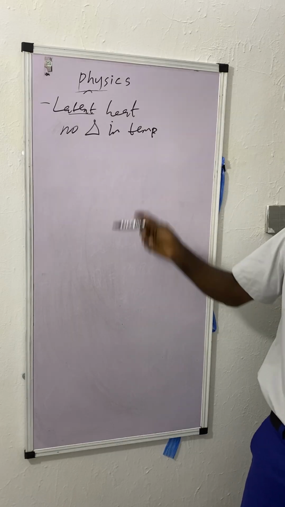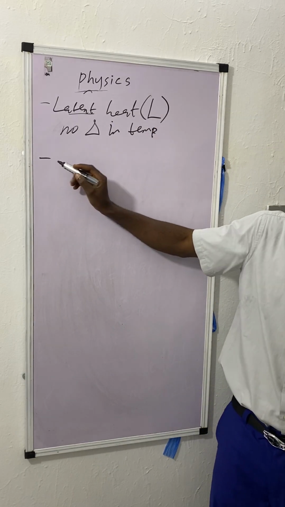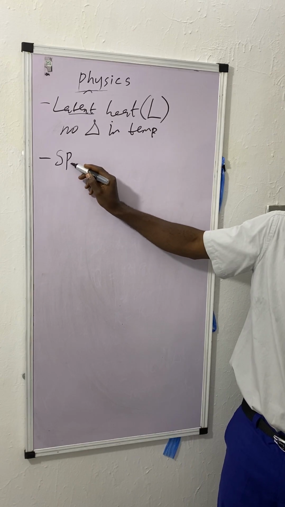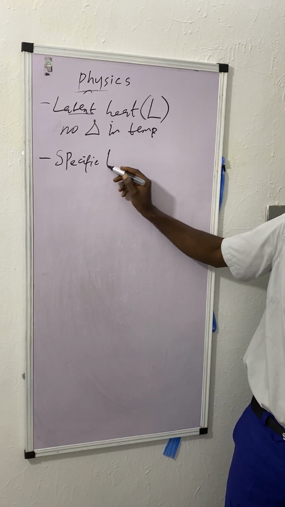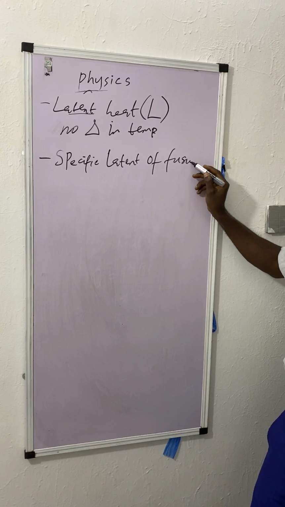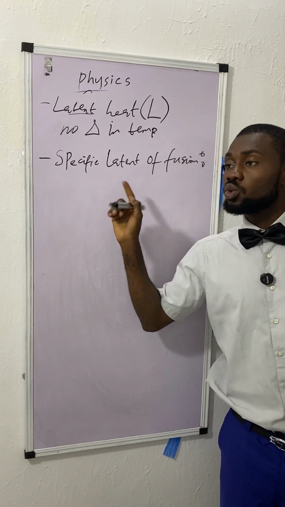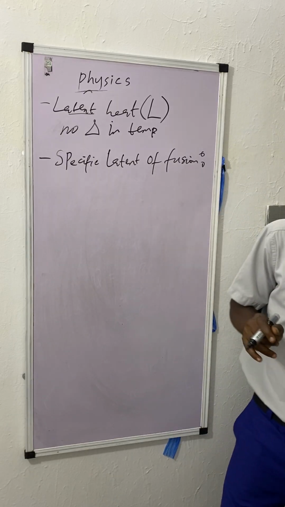The symbol of latent heat is capital letter L. We now have the specific latent heat of fusion. This is from solid to liquid, that's melting, at melting point.